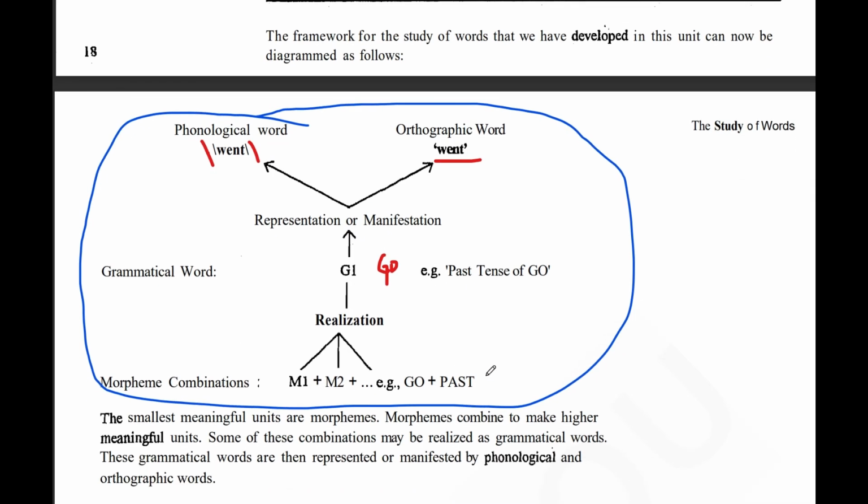Okay, and then I could have more combinations of go with goes or going. These are other forms, and they are still forms of this word, which is go. Okay, so then we can have different morpheme combinations, like go-getter. For example, if I say he is a go-getter, this is a word, but this is a combination of go plus get plus this suffix that we have used, ter.